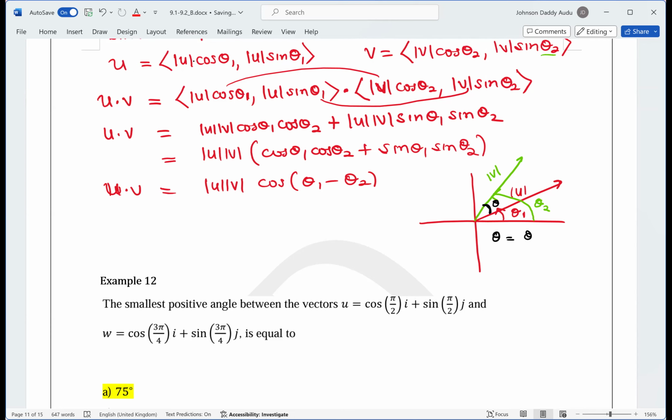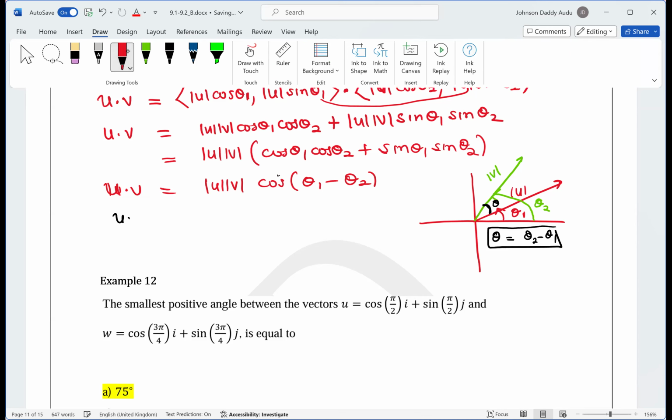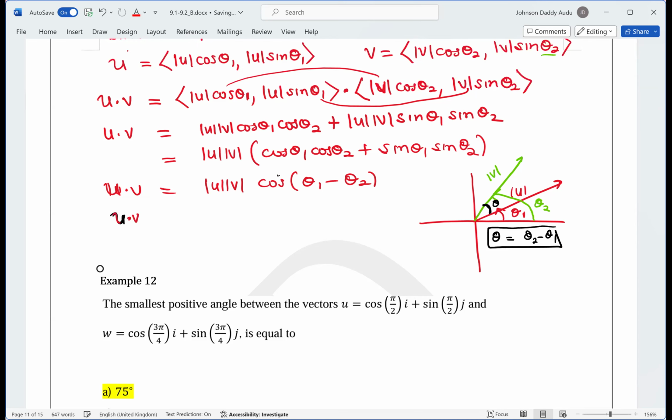Remember, cosine is even, so it doesn't matter. So you can say theta is equal to what? Theta 2 minus theta 1. Or you can say theta 1 minus theta 2, because cosine is even, so no problem. So that is why we will say that u dot v is simply magnitude of u, magnitude of v, cosine of what?